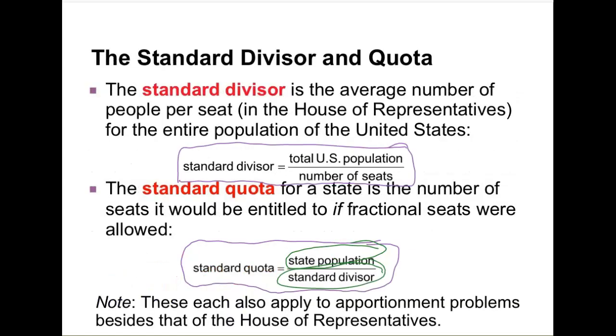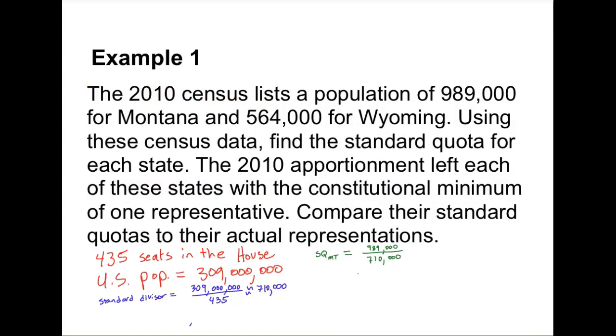It goes state pop divided by standard divisor. Great, we pop that into my calculator and I get about 1.4 as my standard quota for Montana. So if fractional seats were allowed, Montana would get 1.4 congressional seats in the House of Representatives.